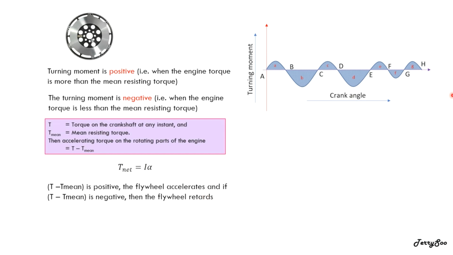This is a simple diagram which shows areas that are shaded. This would be your mean torque line. You can see areas shaded above, below, above, below, above, below, and above. We consider this positive A, this negative B area, positive C area, negative D area, positive E area, negative, and positive.